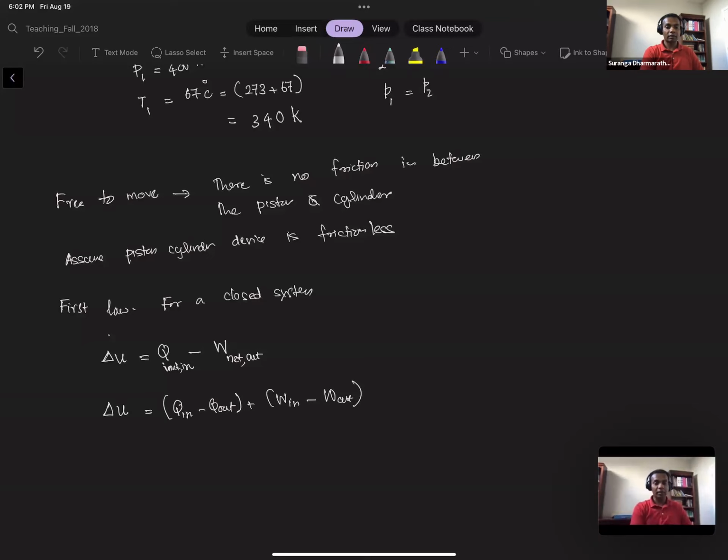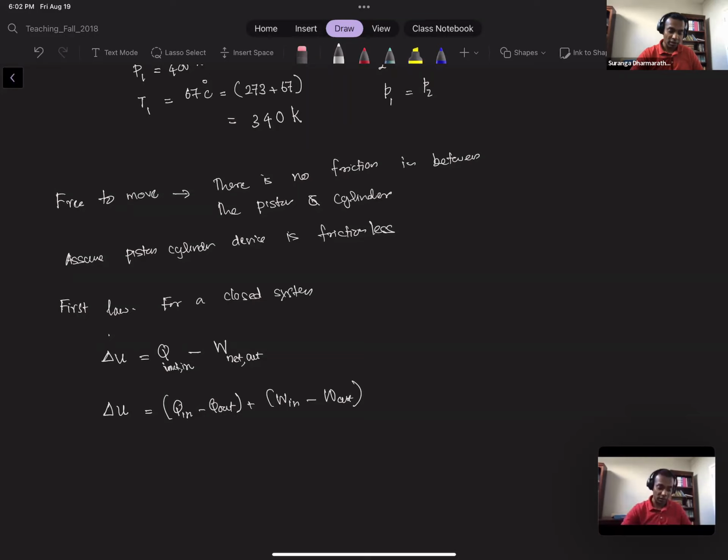But in many occasions, especially in heat engines, the desired output is the work output, right? The reason for the existence of a heat engine is to supply heat and get work output.